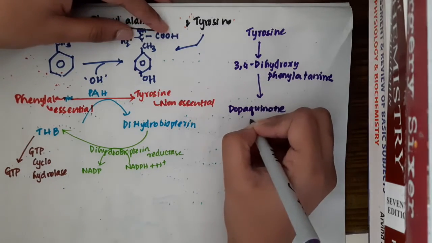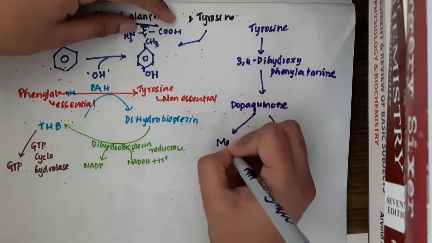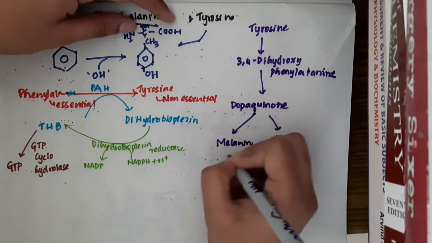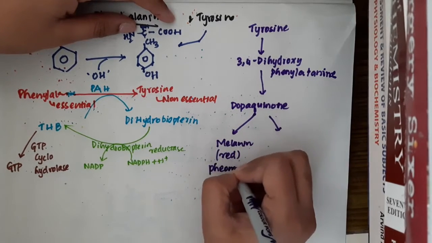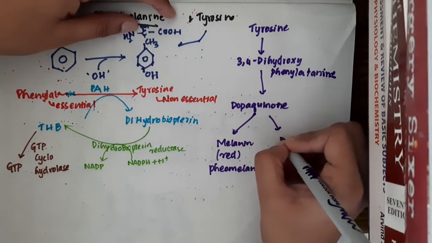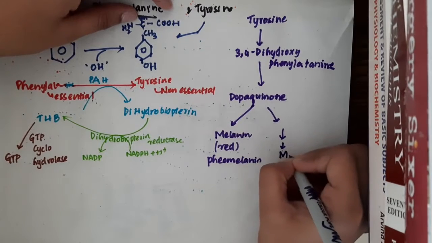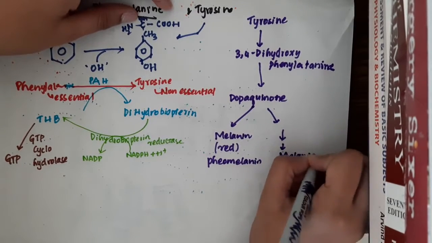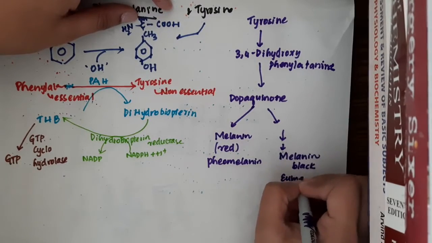And this dopaquinone has two pathways. One, it forms melanin red, which is also called pheomelanin. And through a series of reactions, it also forms melanin black, also called eumelanin.